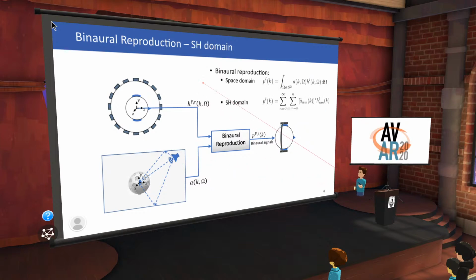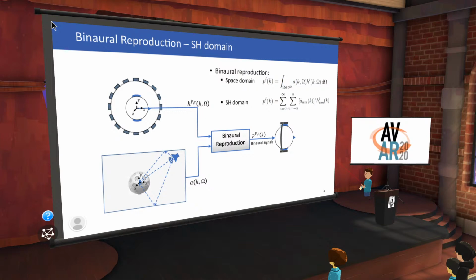If we have these 2 functions, we can reproduce the binaural signal simply in the space domain using integration, or alternatively in the Spherical-Harmonics domain using the Spherical-Harmonics coefficients of the sound field and the HRTF, which is beneficial for many reasons. One of them is that in the sound field, these are the ambisonic signals, and also for the HRTFs, it's beneficial to represent them in the Spherical-Harmonics domain.